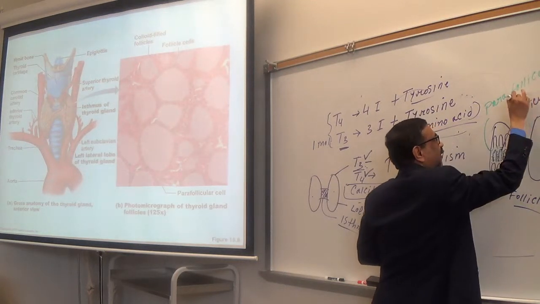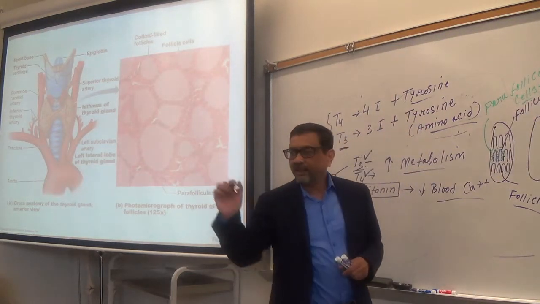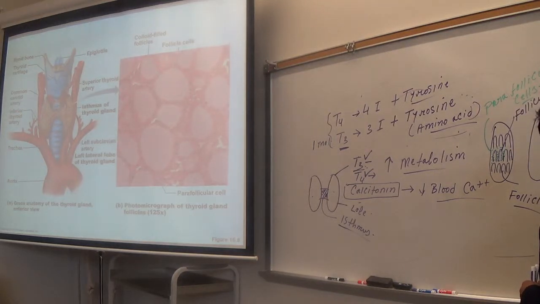Okay? Just know that follicular cells secrete or produce T3 and T4. And parafollicular cells produce calcitonin.